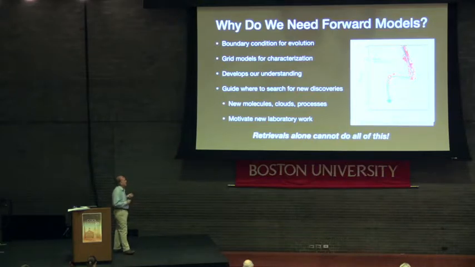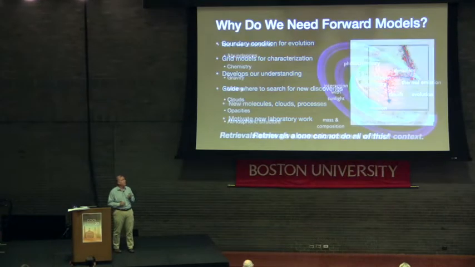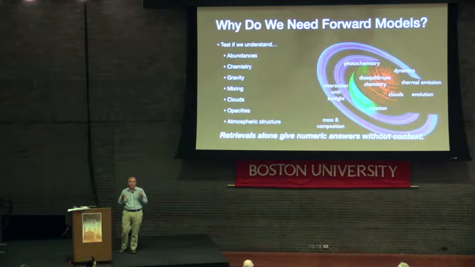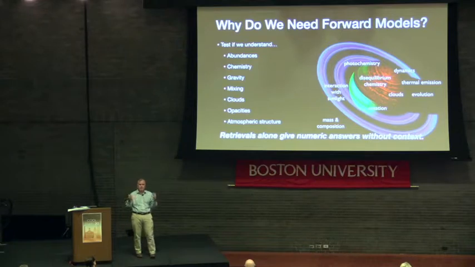And it's a guide to where to search for new discoveries. Where should we go look for new molecules, for example? Retrievals alone can't do all this. We also need forward models to see if we consistently understand abundances, chemistry, gravity, all of these things together. Retrievals alone give us numerical values for these things, but they don't give us a perspective. Does it matter? What is this number telling us?